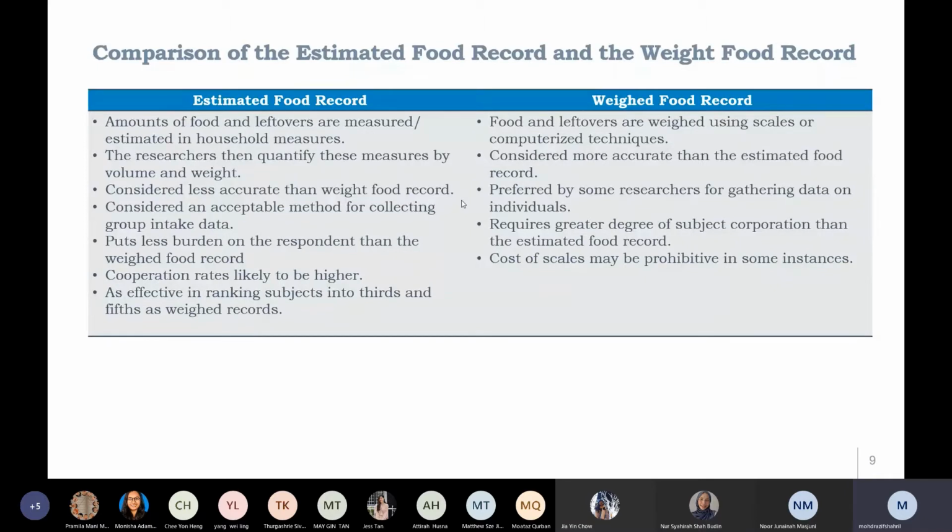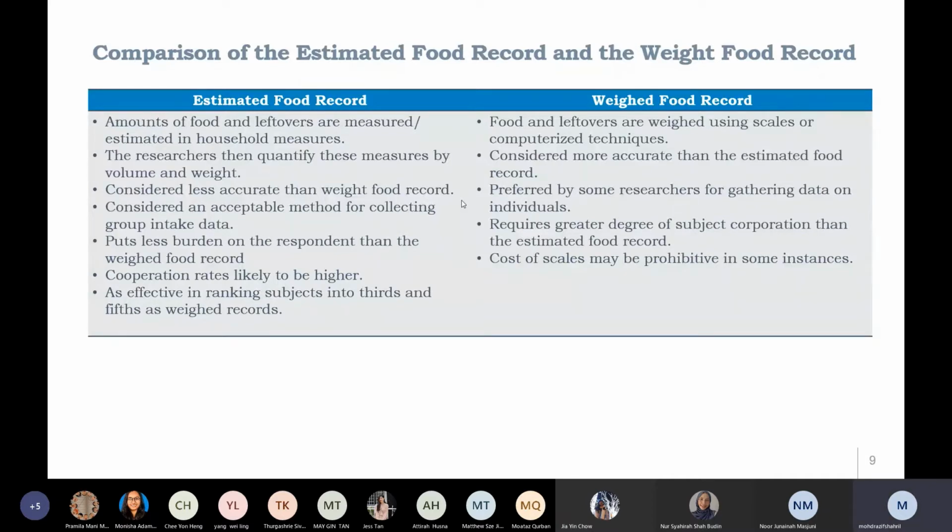So they have to actually weigh the food before and after they complete eating the foods. In estimated food record, the researcher will then quantify the household measures by volume and weight. So the researcher needs to convert the household measure into volume and weight. But in weight food record, the weight of the foods is ready because the participant will record the weight in their form.